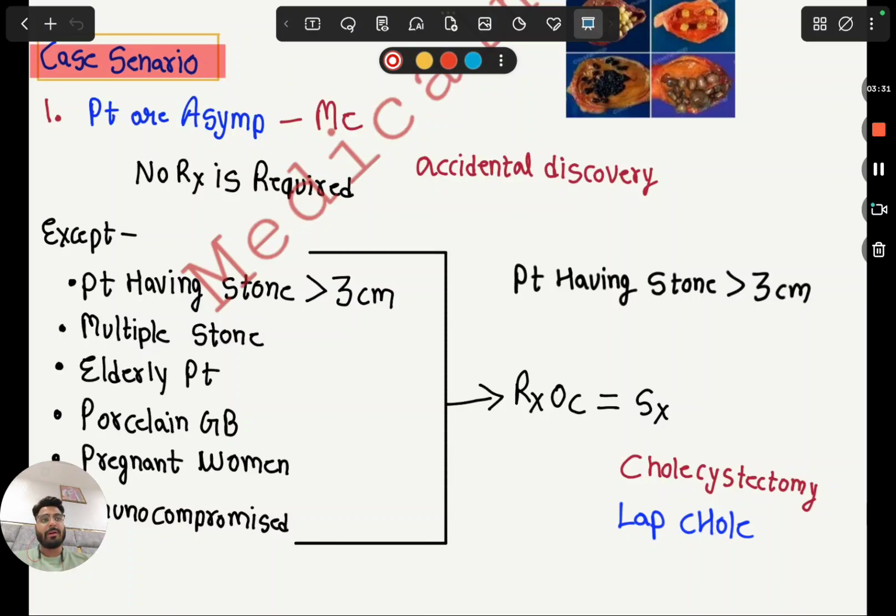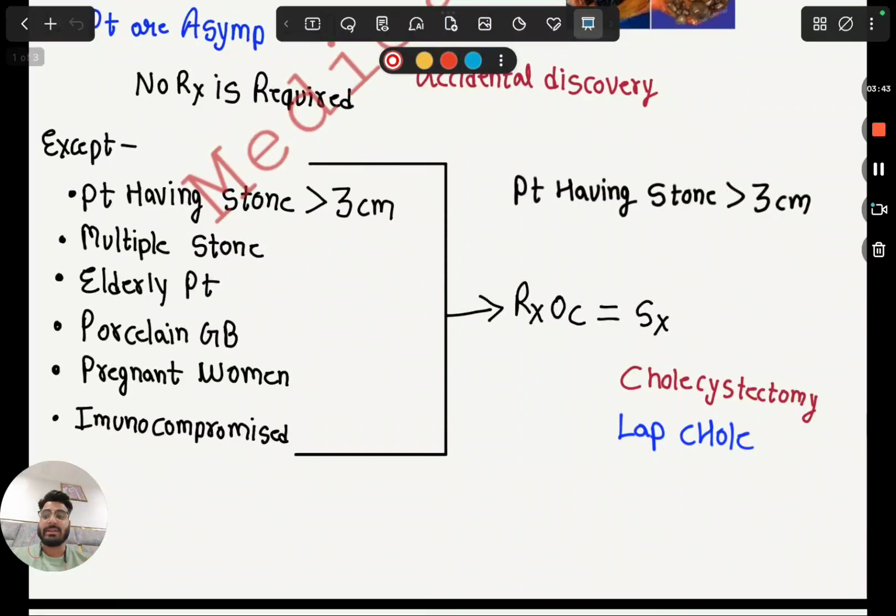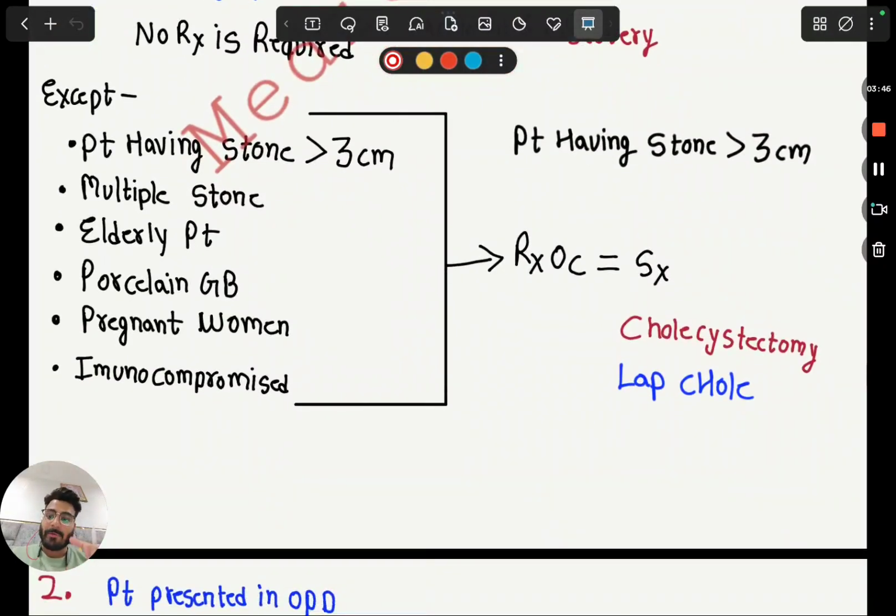But remember, if it is discovered and the patient is pregnant, then you have to treat the patient. If the patient has a stone more than 3 centimeters, you have to treat. If the patient has multiple stones, you have to treat. And if the patient is very elderly, you have to treat. And what is porcelain gallbladder? Porcelain gallbladder means that there is calcium. Generally, in the gallbladder there is no calcium deposition.